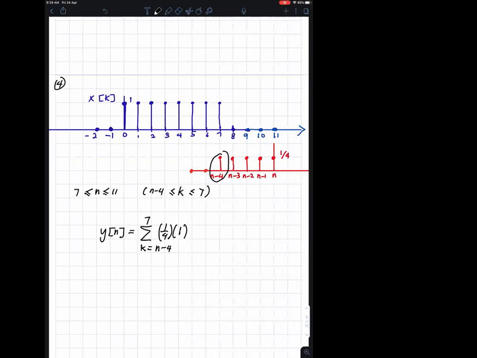You can either do that, or you can just put 1/4, then you do the same thing like what you did earlier: 1/4 times 7 minus upper limit minus lower limit plus 1.